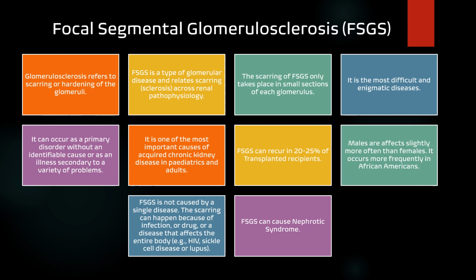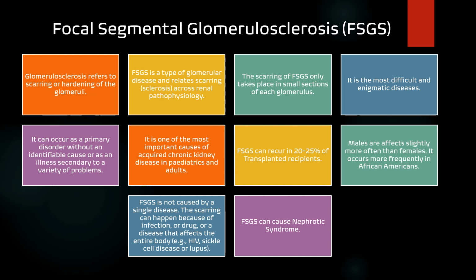And the scarring of FSGS takes place in and around, for example, afferent and efferent arterioles.